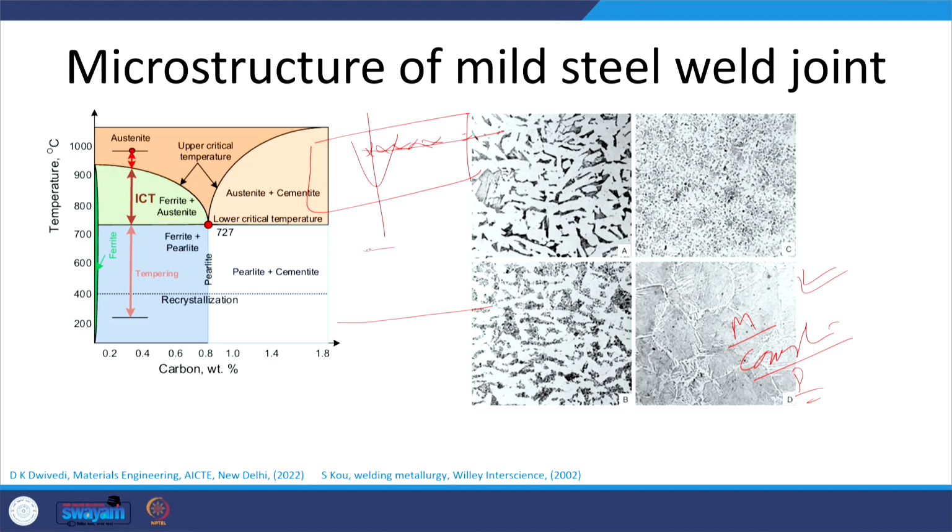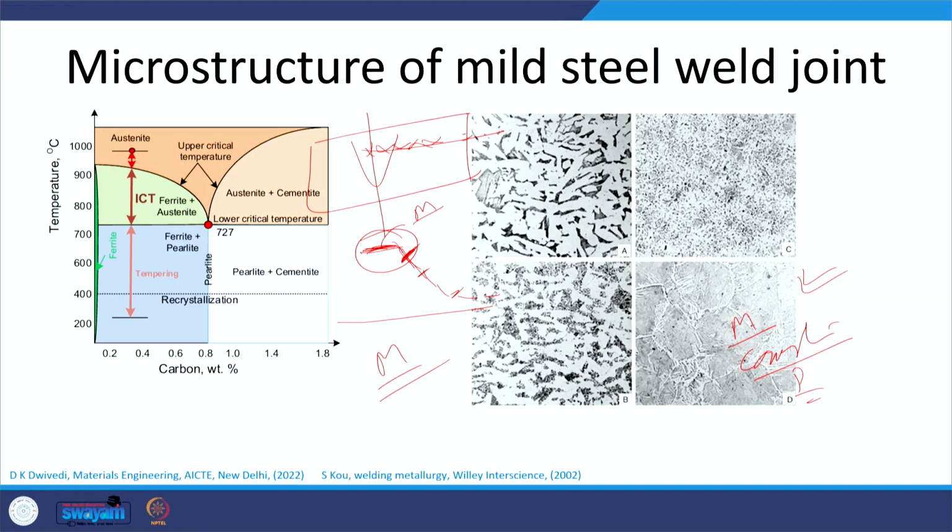We find the hardness of the weld zone is maximum, then it comes down. This is the zone experiencing the martensitic transformation completely. Partial transformation into martensite will be there in the heat affected zone, then fine grained, and then base metal. This higher hardness of the weld zone and the heat affected zone is basically attributed to the martensitic transformation due to heating to a higher temperature coupled with higher cooling rates.